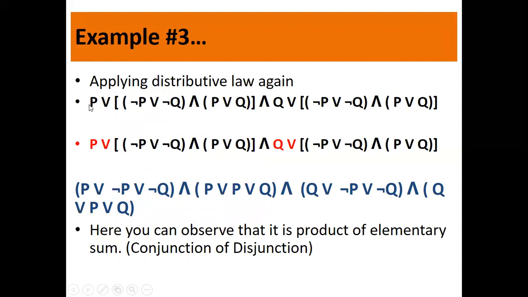So when you apply it to the same statement I copied from the previous slide, what we'll be doing is using P or negation of P or negation of Q. So again P or we are added here, so P or negation of P or negation of Q, right? This whole thing is one clause now. P or negation of P or negation of Q, right?